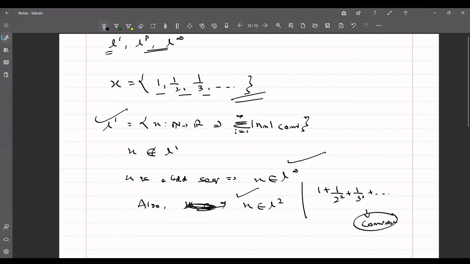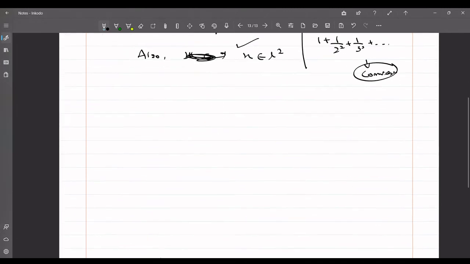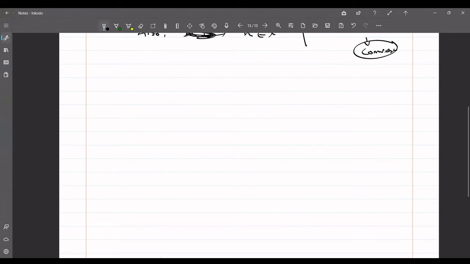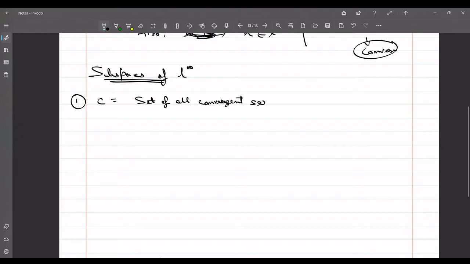So we will use these things to understand the subspaces of L infinity. The first among them we take is small c. This is the set of all convergent sequences, and it's also a vector space.